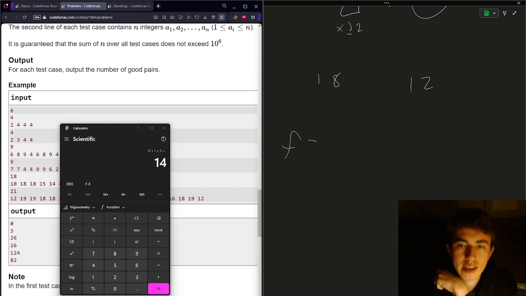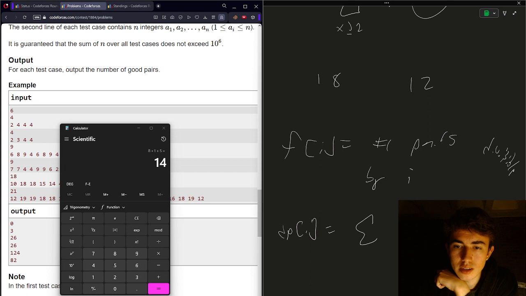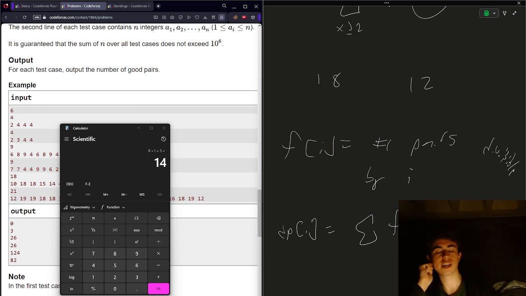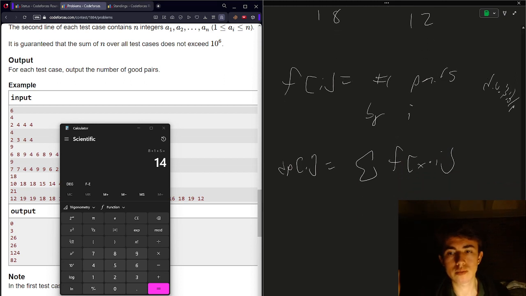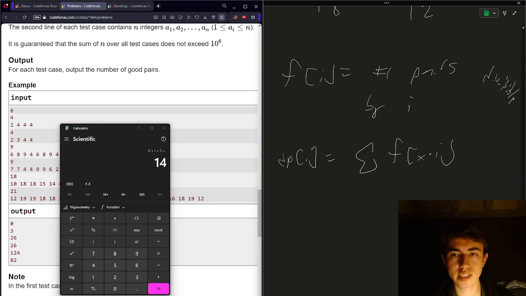So now we want to take, so first off, let's set f of i equal to the number of pairs divisible by i. Okay? Then dp i equals the sum of f of x times i, minus, now we need to subtract the overcount, right? So what are the ways they can overcount?